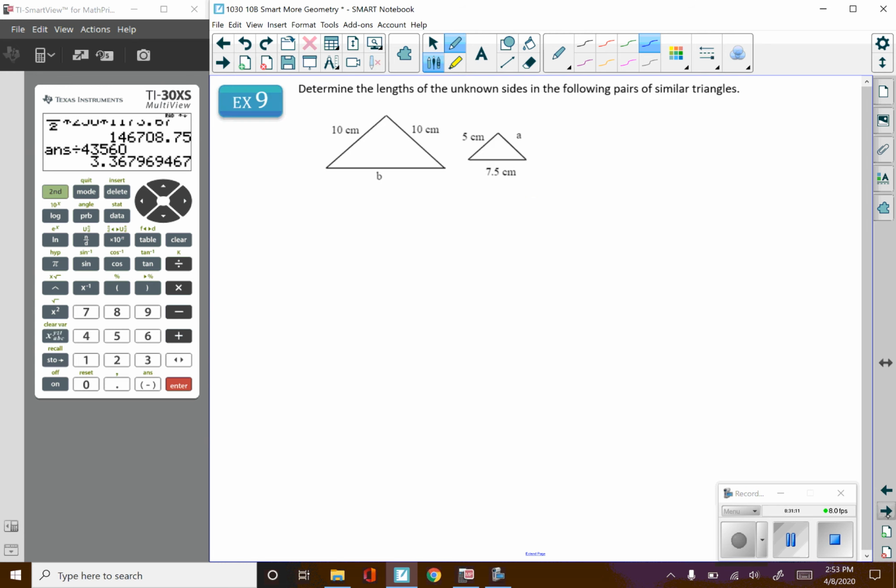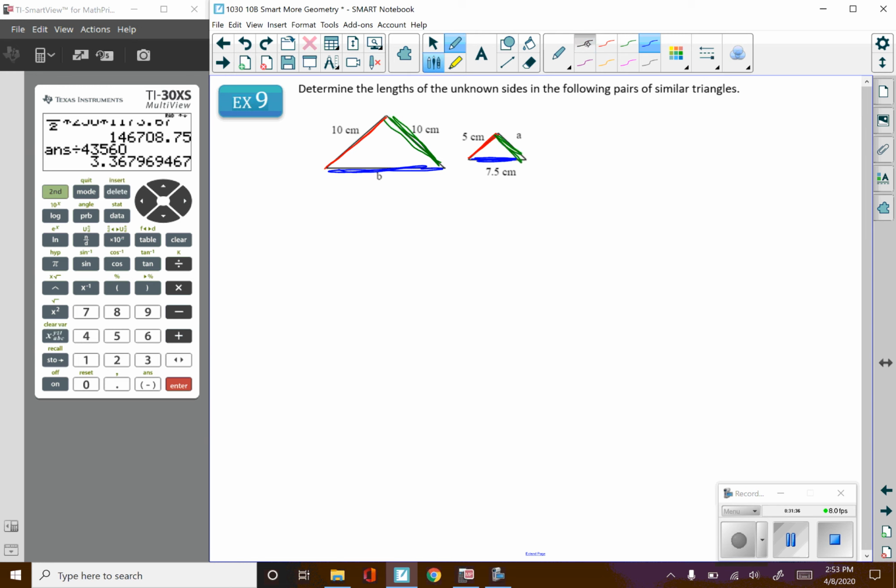So here's an example. Determine the lengths of the unknown sides of the following pair of similar triangles. So I'm going to highlight the corresponding sides. So this corresponding side is going to be red. This one I'll color green. And the one at the bottom I'll color blue.